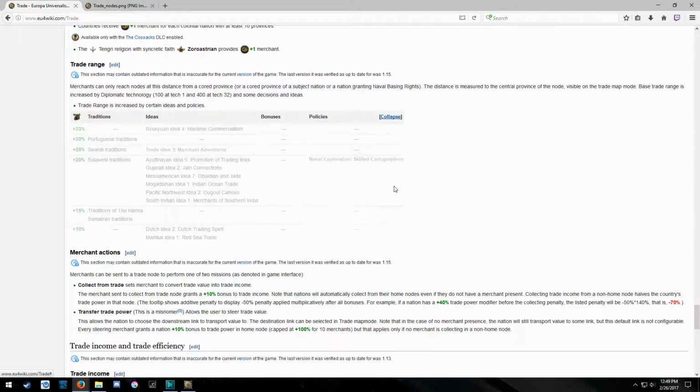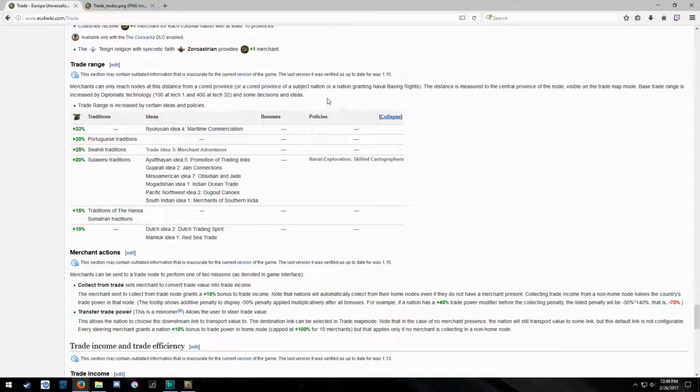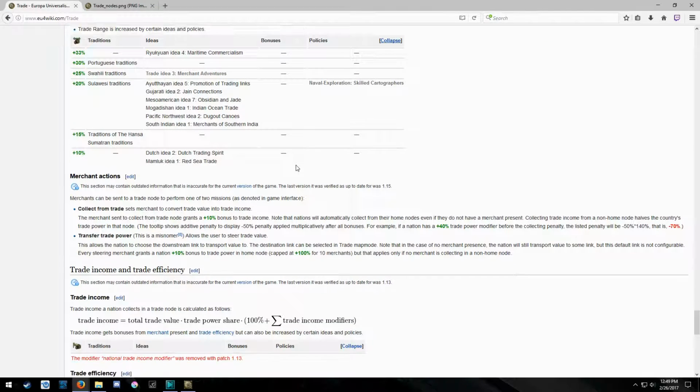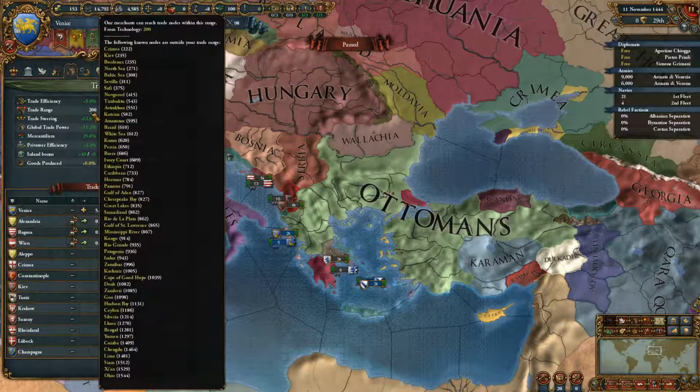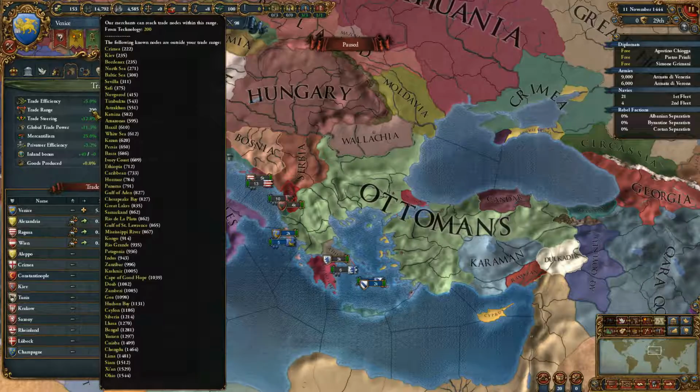Trade range. Basically, it's a flat value which increases from tech, and then you have other things which can apply towards it. If you look here, our trade range is 200.